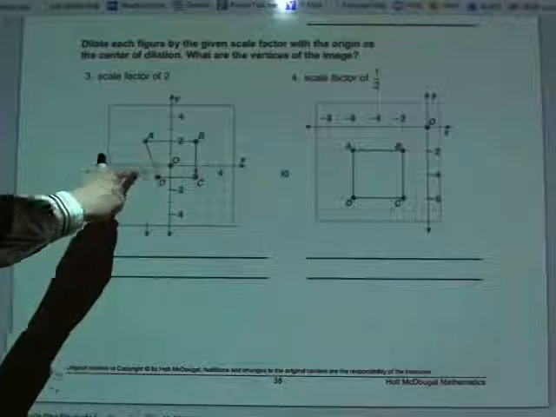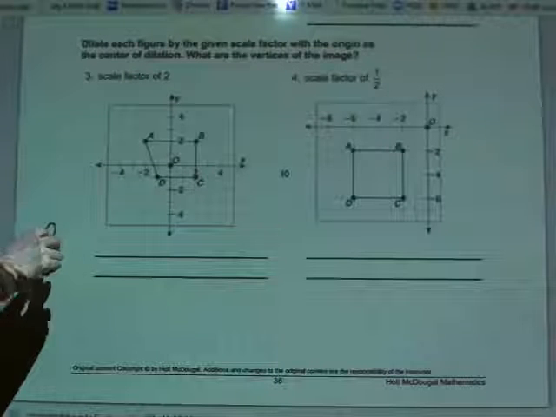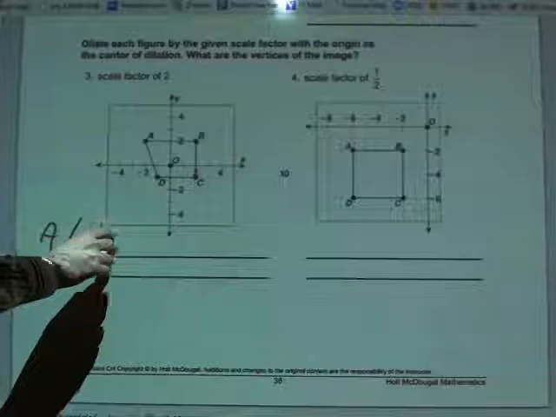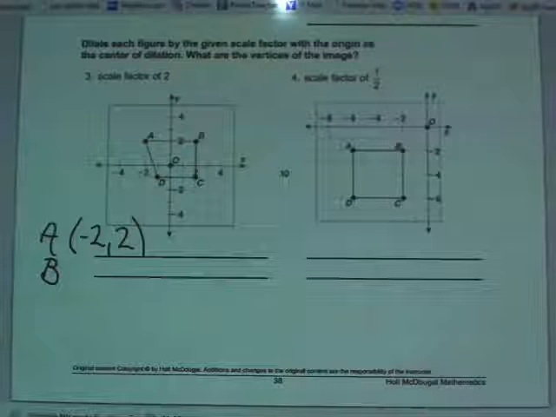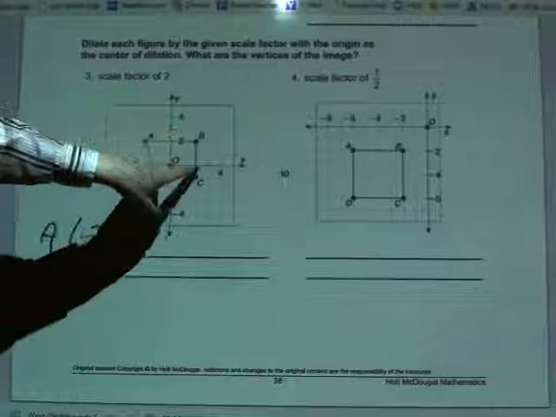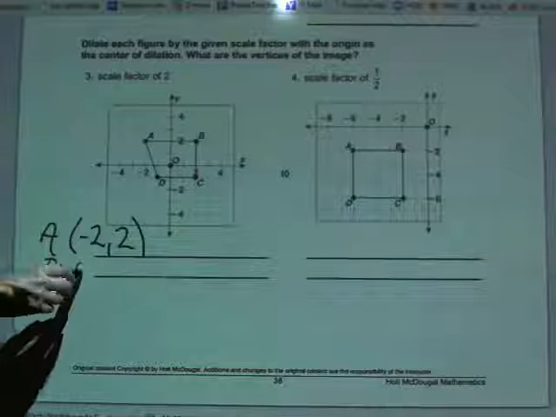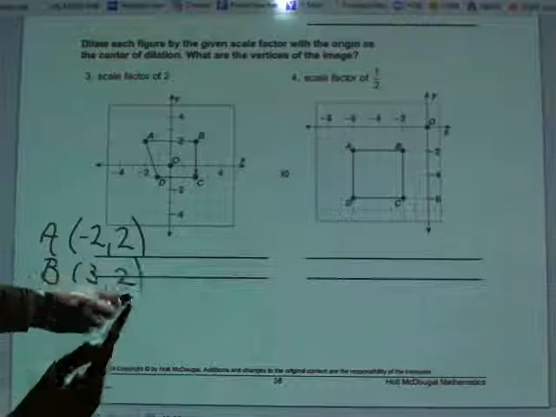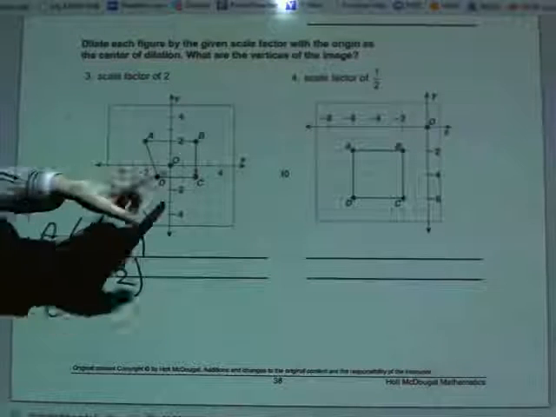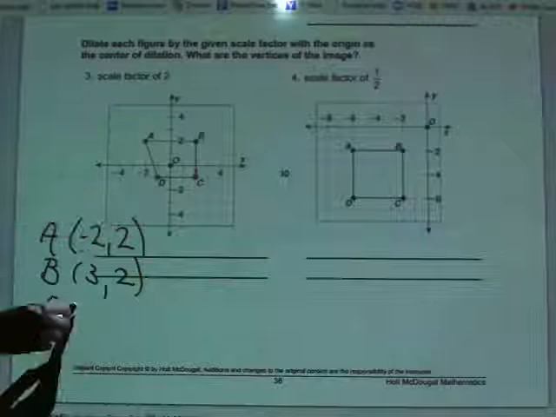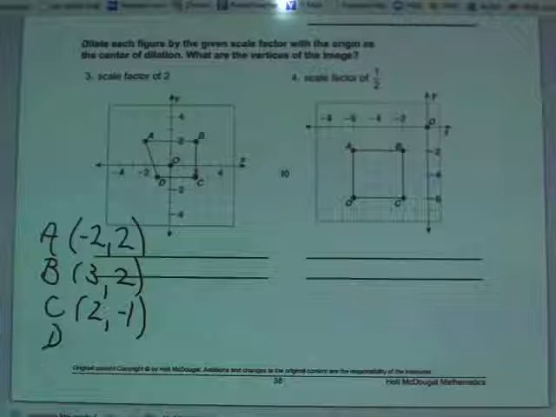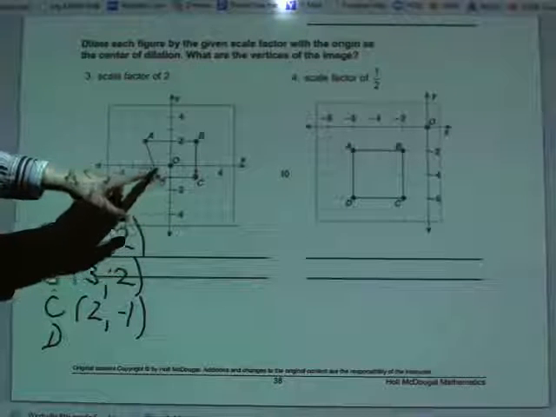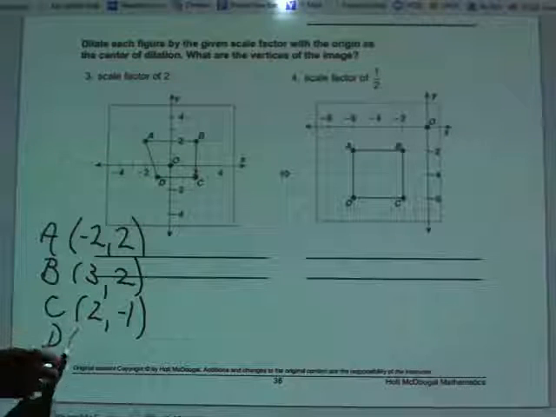So point A is at negative 2, 2. Point B is at 3, 2. Point C is at 2, negative 1. And point D is at negative 1, negative 1.